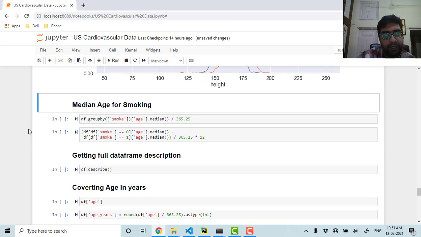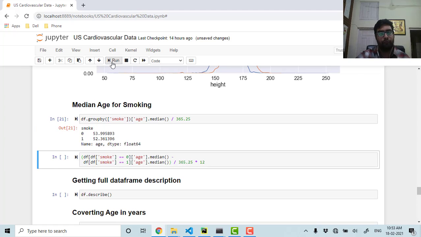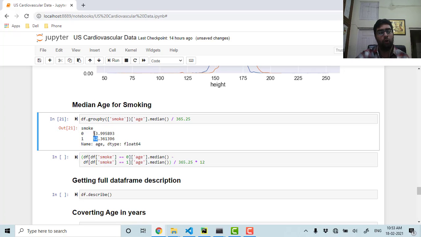Let's see whether smoking impacts cardiovascular disease or not by looking at our data. We can see that the median age for smoking is 52 years, whereas for non-smoking it is around 54 years.